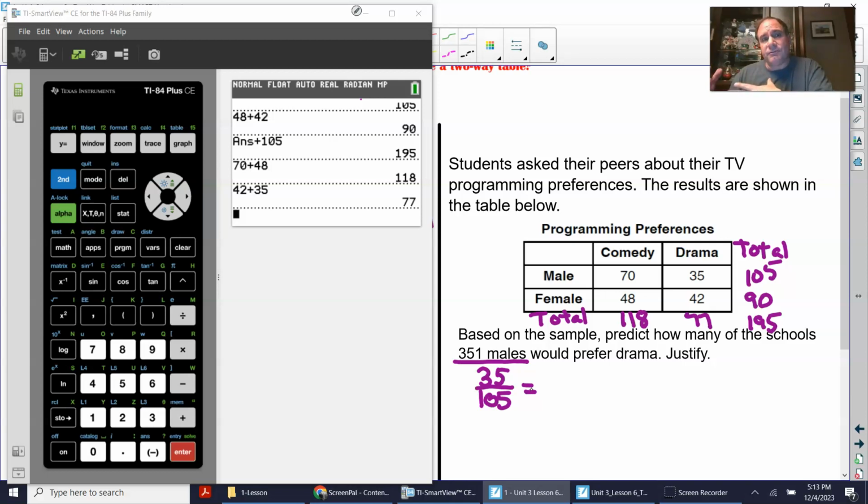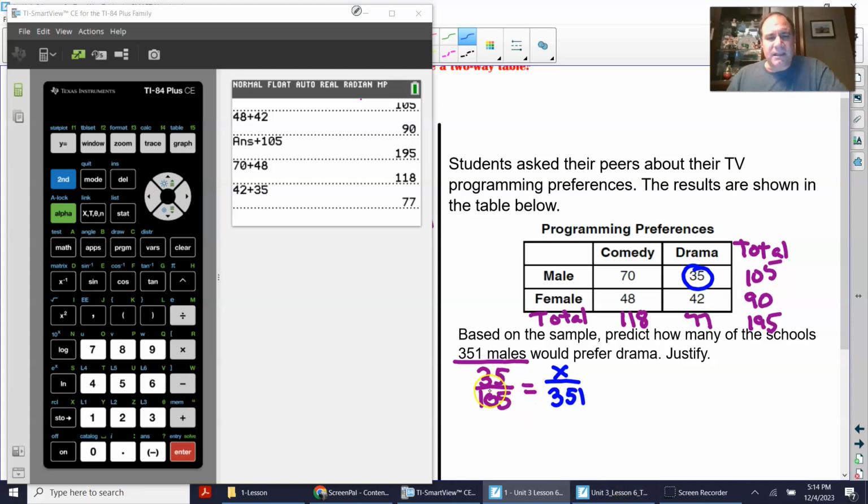So since they only went to 105, 35 over 105 would yield a percent, and then you would have to multiply that percent to 351. There are a couple of different ways to do this. I like setting up this proportion. There are 35 males that like drama in this survey. We don't know the amount of males that would like drama out of the 351.